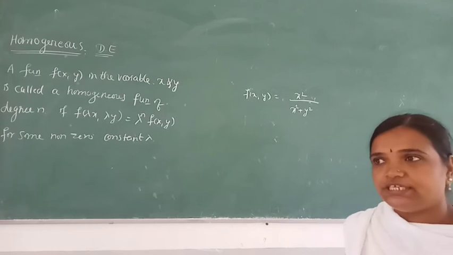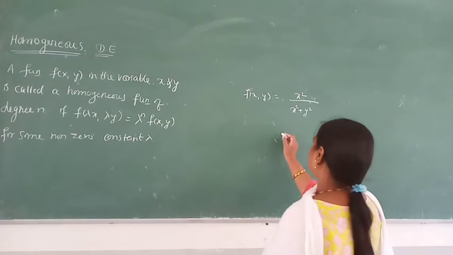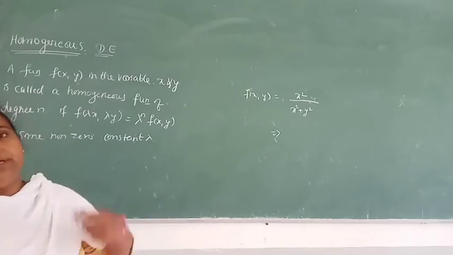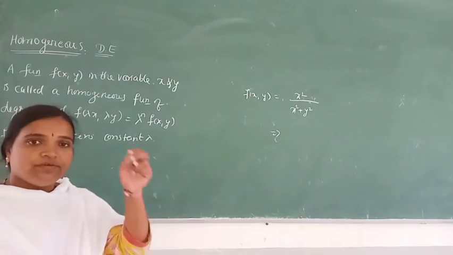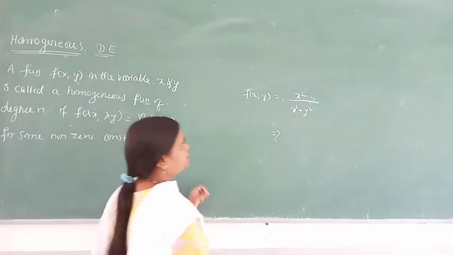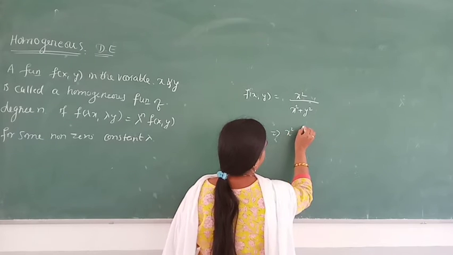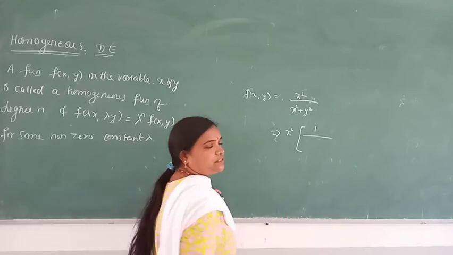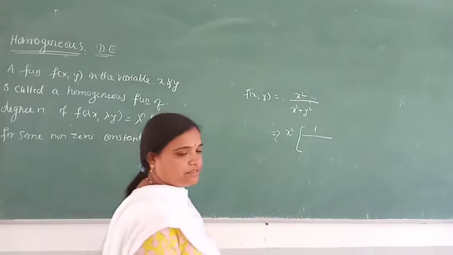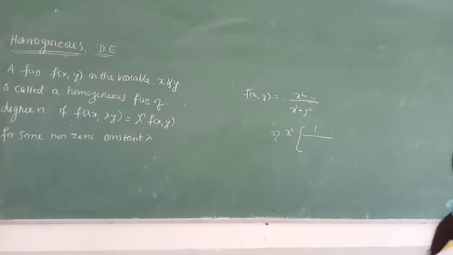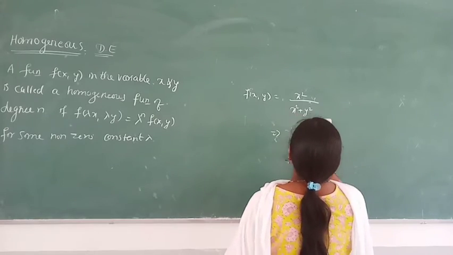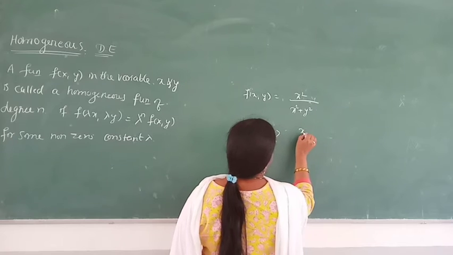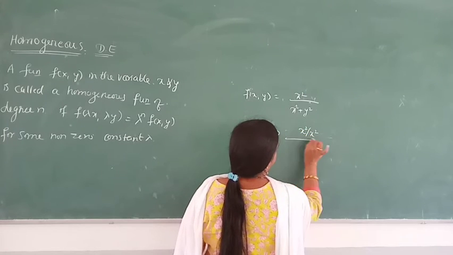If it is homogeneous, we can write the function by taking x square common, dividing numerator and denominator by x square.